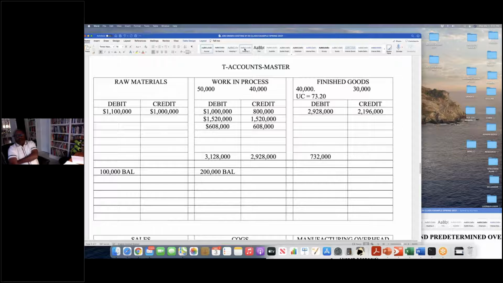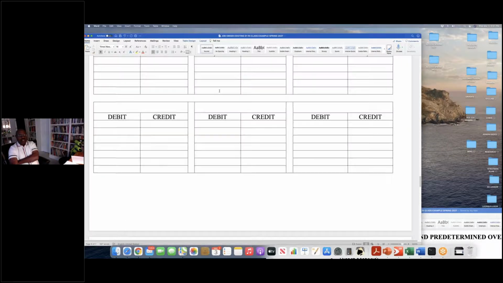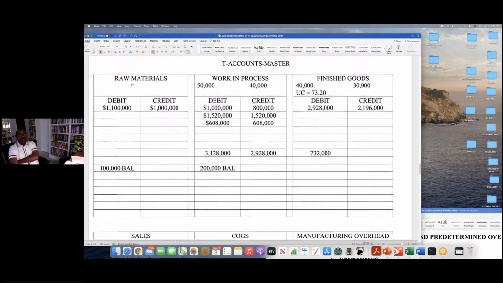Look at your T accounts. Does everybody have this in their T accounts? All we're doing now is working from the T accounts to get these statements done. So 1,100,000 was what was bought.